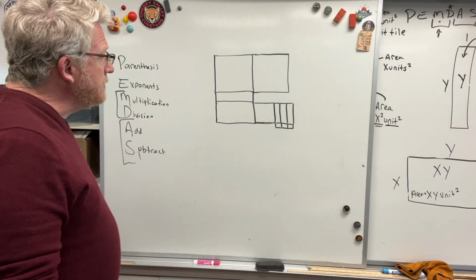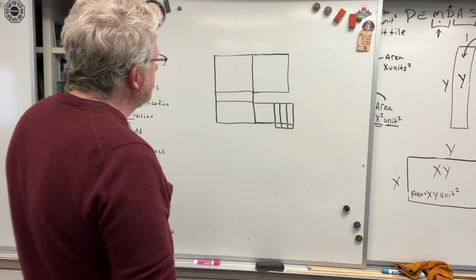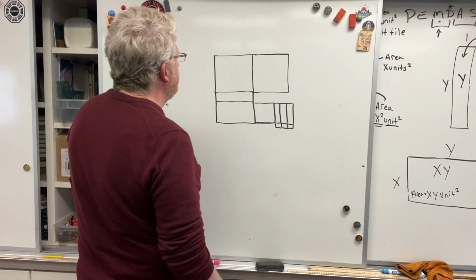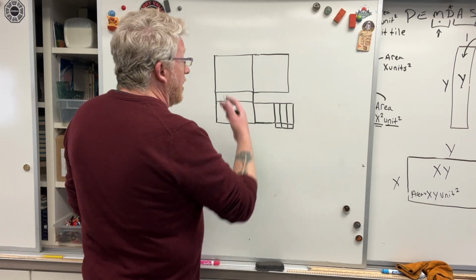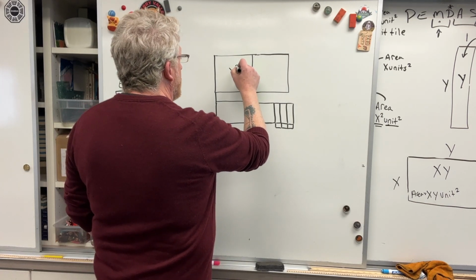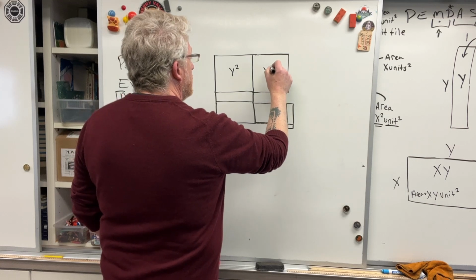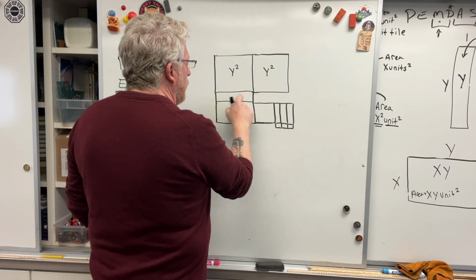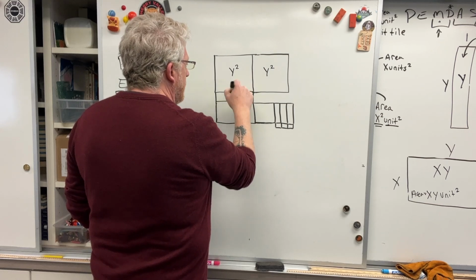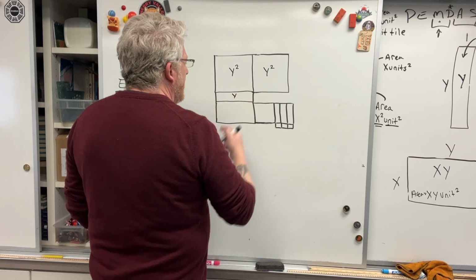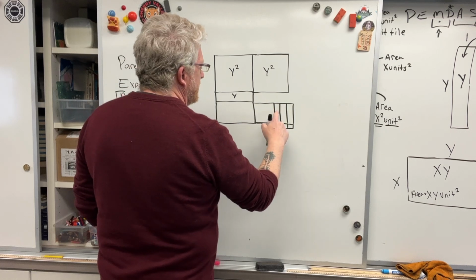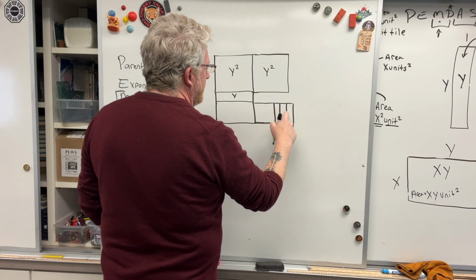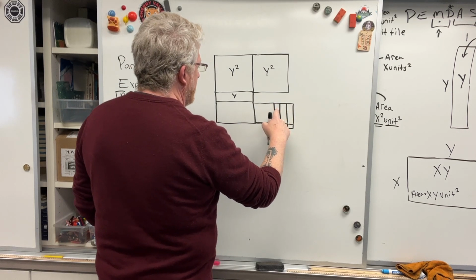Okay, you should have labeled these, and we're ready to go. The large guys are obviously our y-squared tiles. Since this is the same length as the y-squared tile, it's going to be our y tile. It's a little thicker than I maybe should have made it, because it's not as thick as these other ones here, the x tiles.